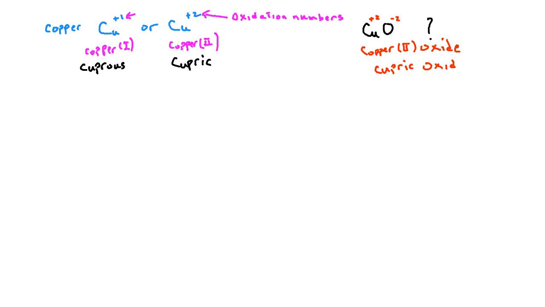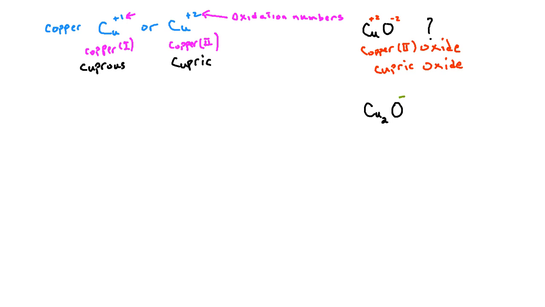Okay, now, same thing. See, if I wrote Cu2O, and I ask you on a test, what's the name of this? Once again, it's not simply copper oxide. Well, again, oxygen we know is -2.